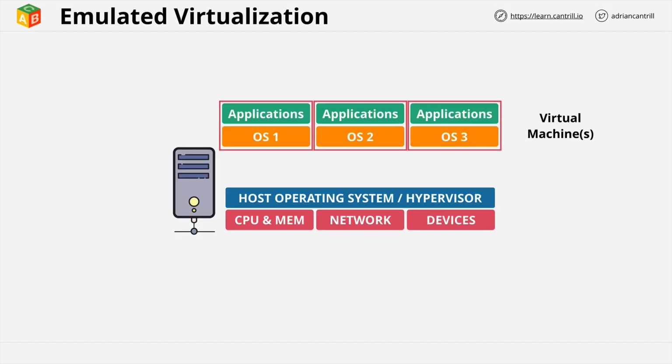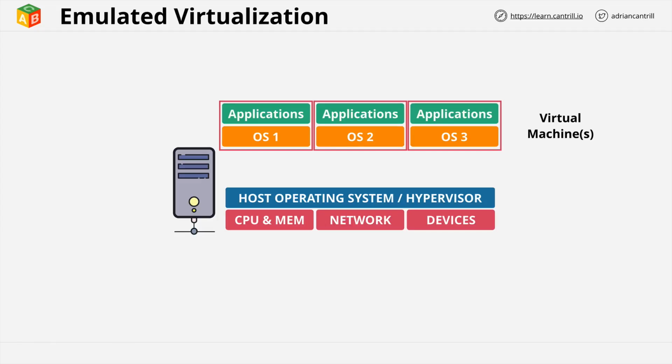Virtual machines also had devices mapped into them, such as network cards, graphics cards, and other local devices, such as storage. The guest operating systems believed these to be real. They had drivers installed just like physical devices, but they weren't real hardware. They were all emulated, fake information provided by the hypervisor to make the guest operating systems believe that they were real.